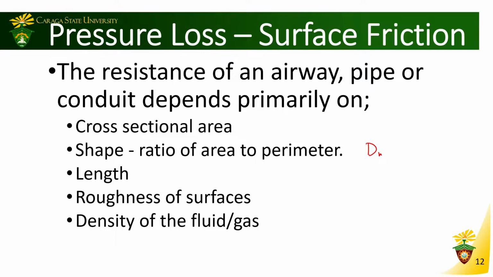The length, of course, of the airway, and also the roughness of the surfaces. We already have an idea of this. The more rough a surface is, the higher the friction. And also the resistance is also dependent on the density of the fluid or the gas. Okay, so try to remember these things.